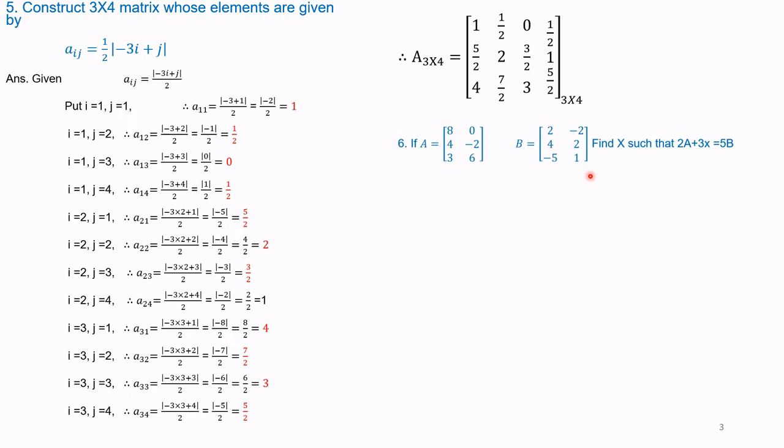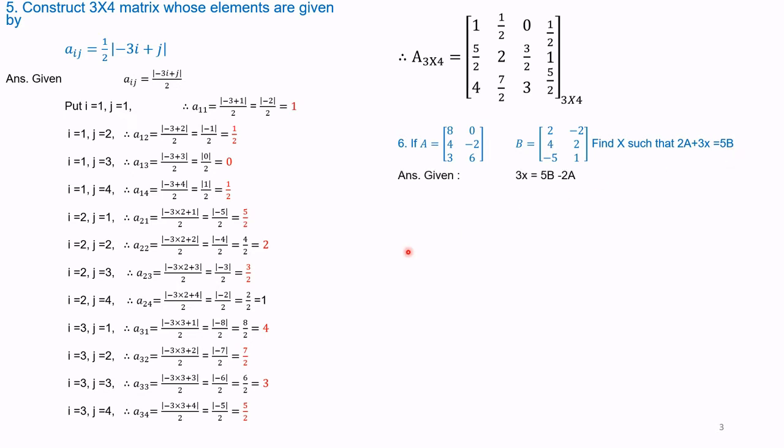So, here the condition is 2A. That means the matrix A should be multiplied by a scalar quantity 2 and the matrix B should be multiplied by scalar number 5, such that it is equal to 5B. Let us solve it.